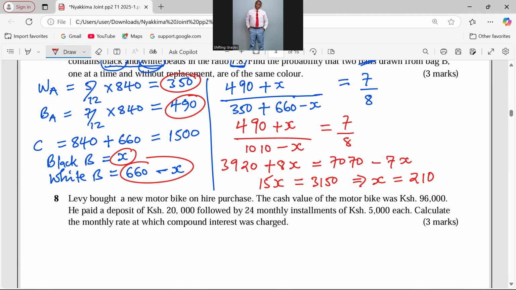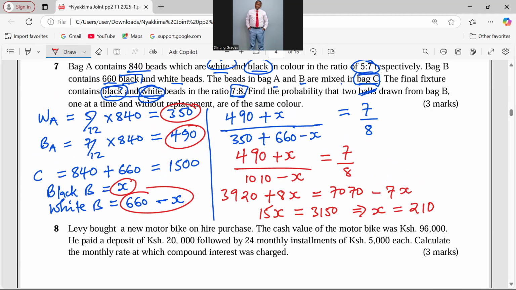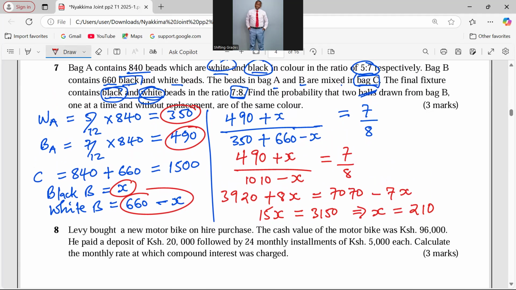So x is the number of blacks in B. So in B, blacks are 210. When we take 660 and subtract our 210, we get 450. So the whites in B are 450, the blacks are 210.